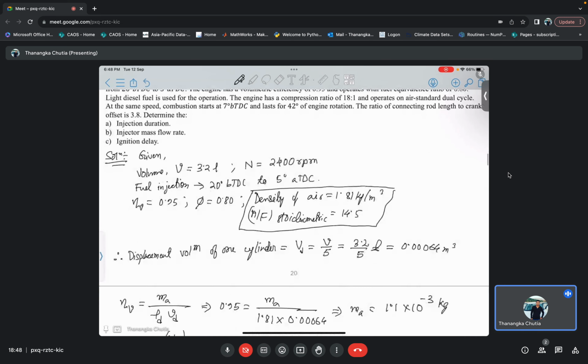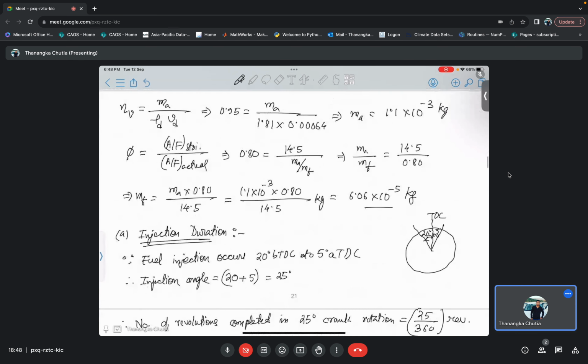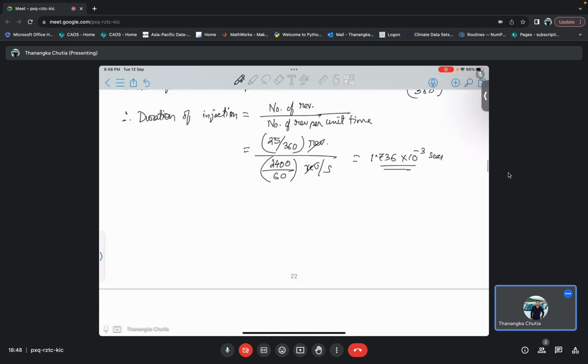Fine, next is your injector mass flow rate. Second, we have to calculate injector mass flow rate. Since the injector injects fuel, and we know that time of injection we already have.